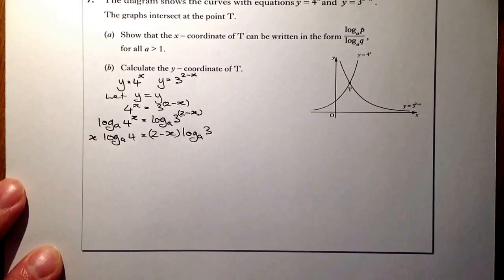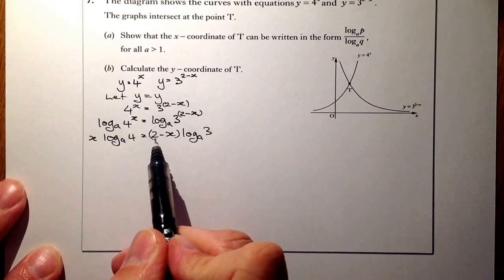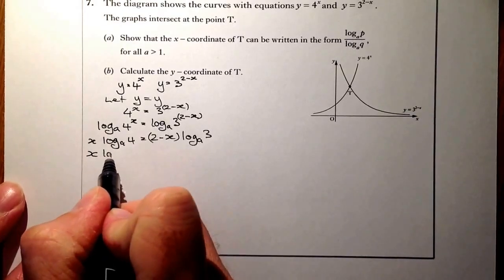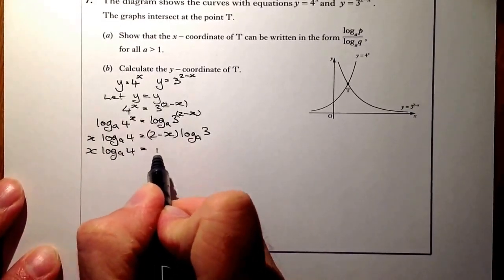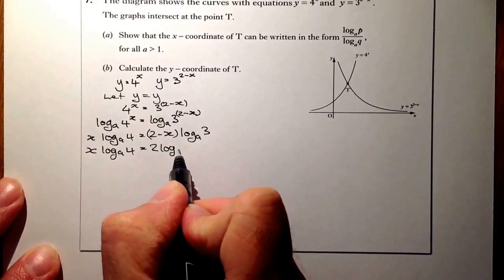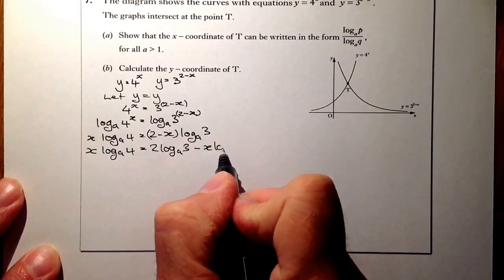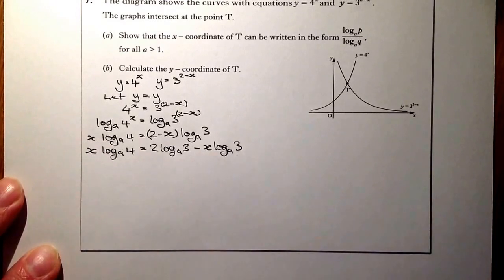From there, I'll just multiply this bracket out. So it'll be 2 times this and then minus x times that: x log 4 equals 2 log 3, and minus x log 3, base a.